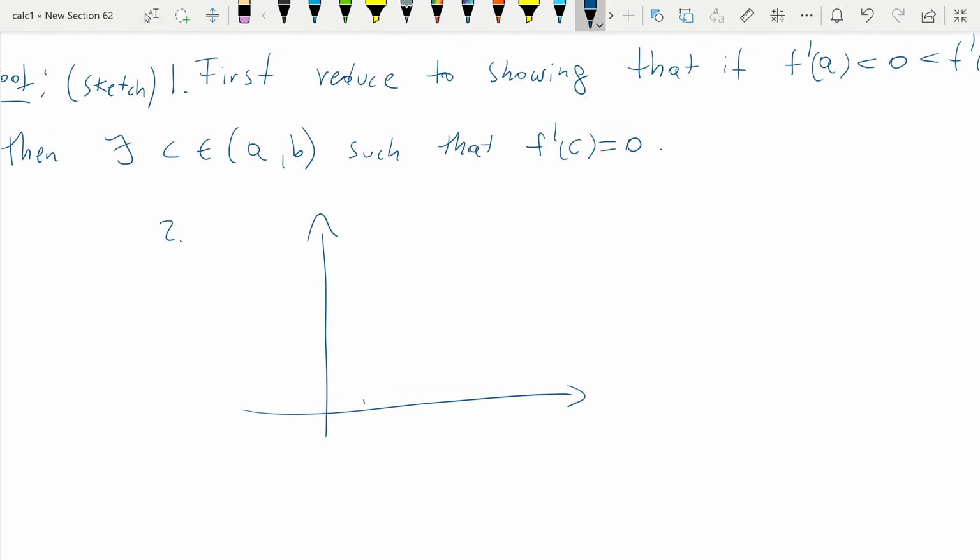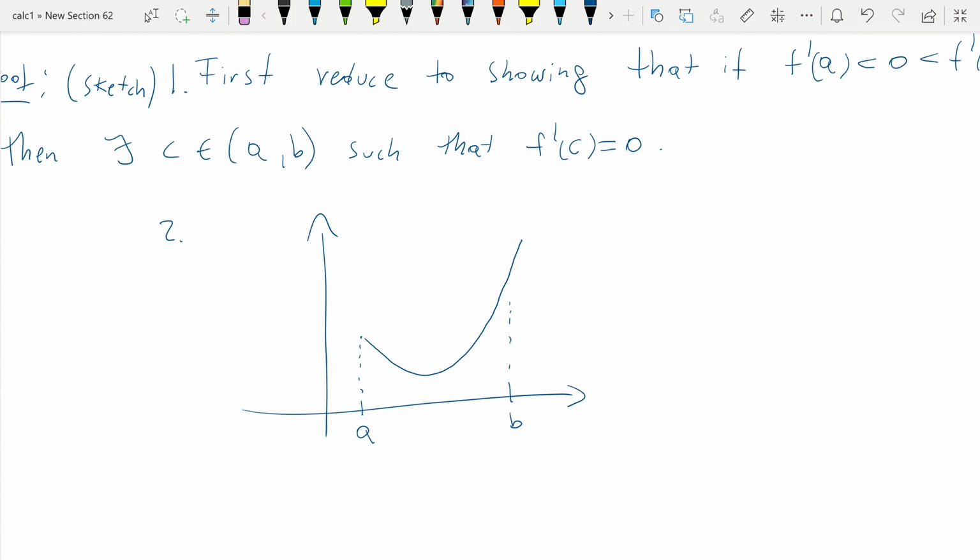I'm saying that f prime... again, there are several proofs, just like before, of this theorem.